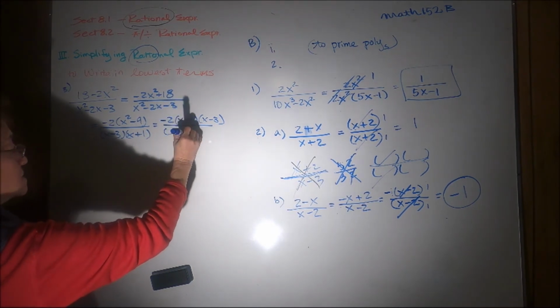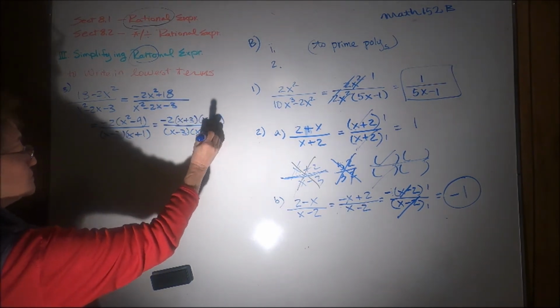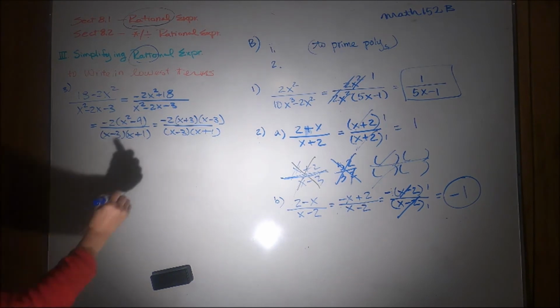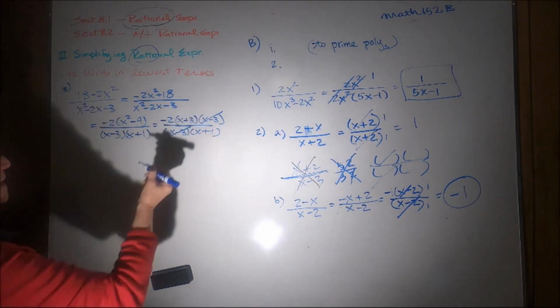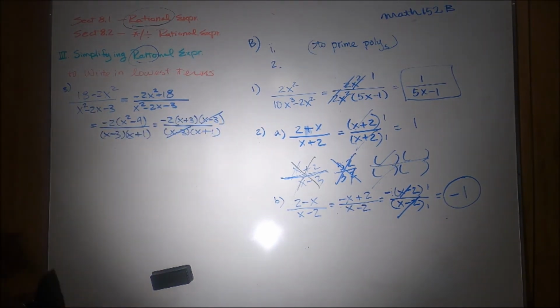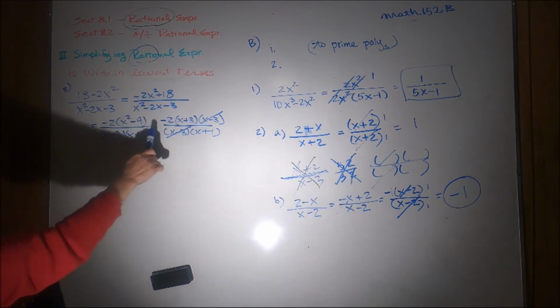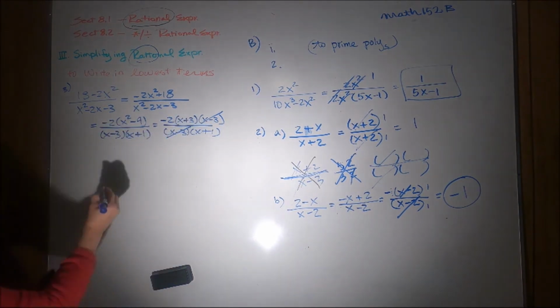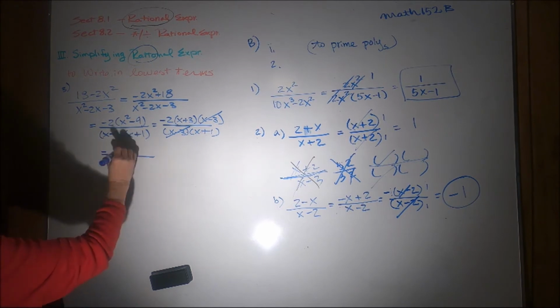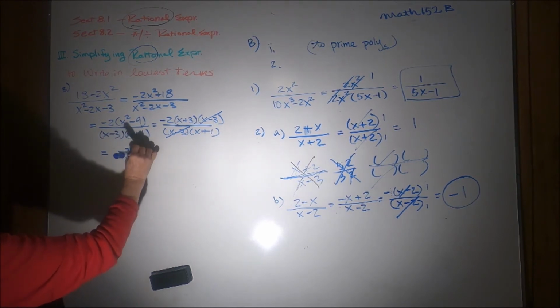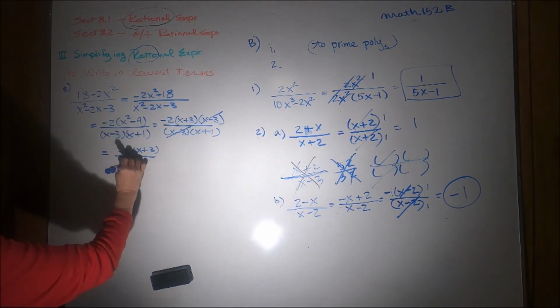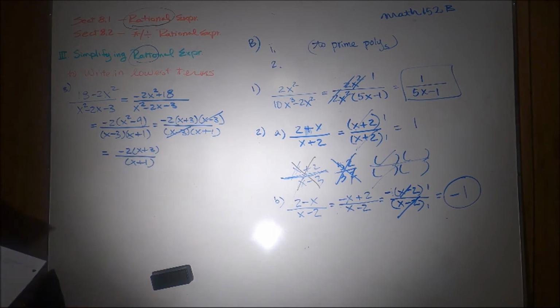Then we have this on the bottom. So, can we cross cancel those? Yes, because they are multiplying, right? Then the simplified form would be like this.